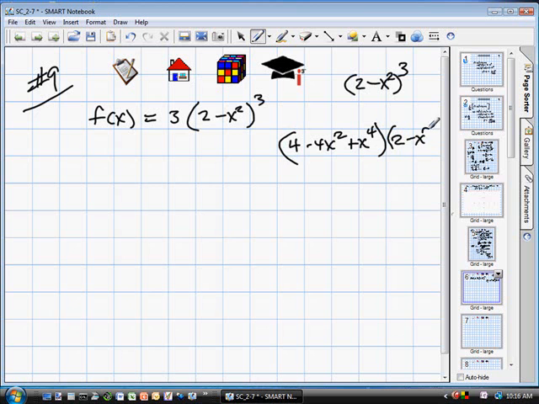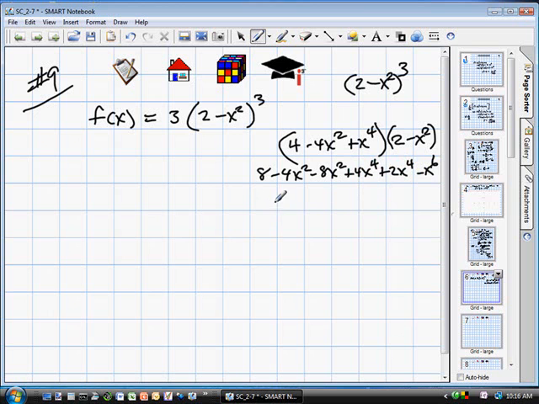And then we'd have to do it one more time to get it cubed. 4 times 2 is 8. 4 minus 4x squared minus 8x squared plus 4x to the fourth plus 2x to the fourth minus x to the sixth.